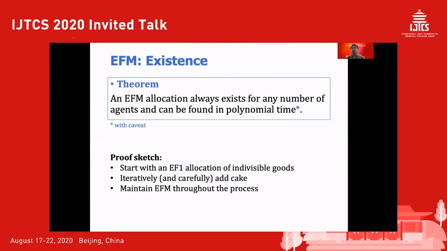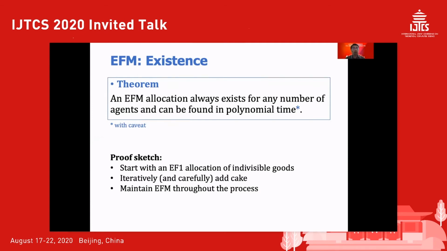Then it will iteratively and very carefully add more and more cake to some of the agents in this allocation. The idea is to maintain that the EFM condition is satisfied throughout the process. In the end, when we allocate the whole cake, we have found an EFM allocation of all the resources.